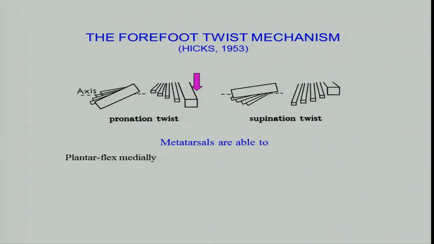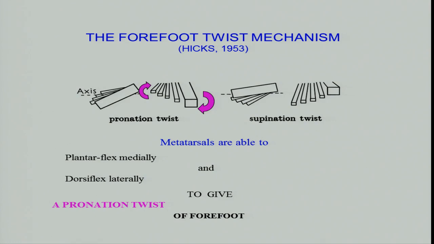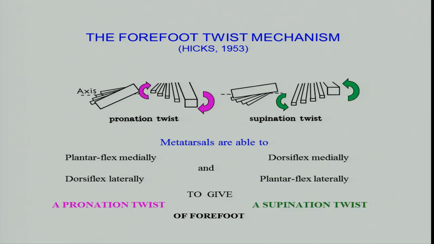On one side, we could have the metatarsals plantarflexing and dorsiflexing on the other to give a pronation twist, and the opposite to give a supination twist. But this was of the metatarsal heads.